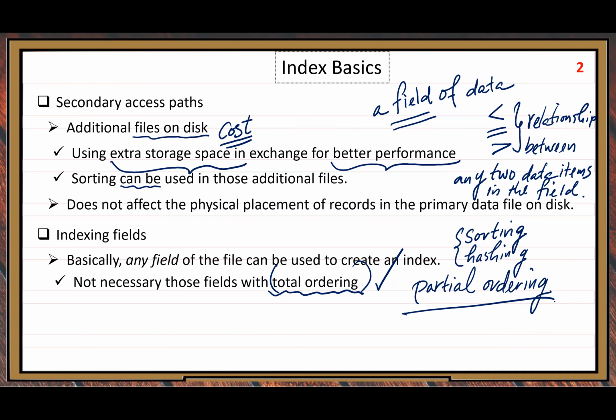Let me draw a small diagram: A point, B point. If we have an arrow from B to A, we define B greater than A.